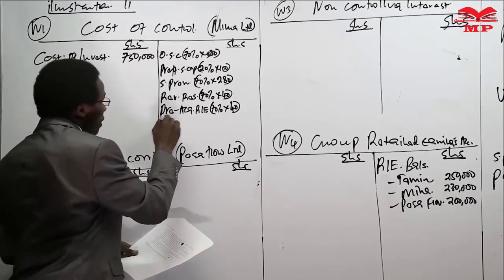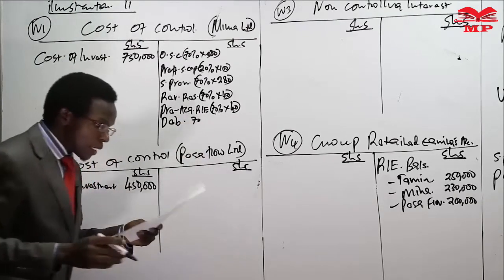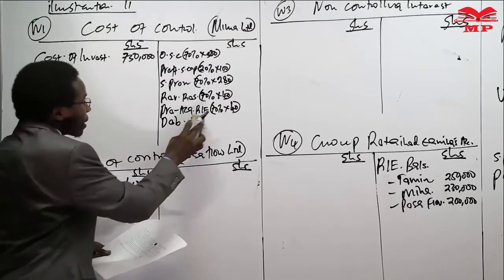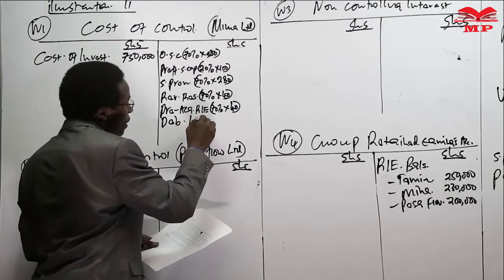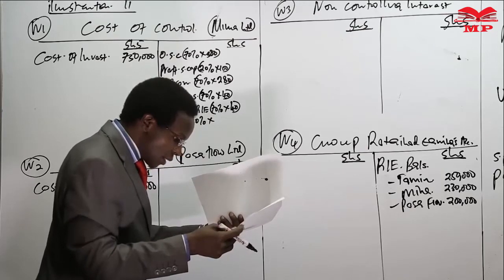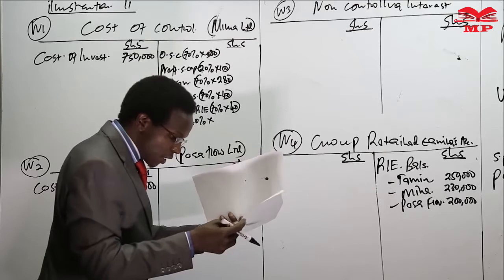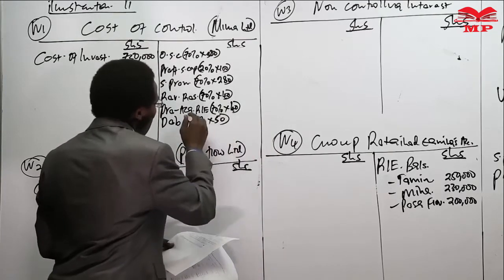In note number 3, we acquired 40%, not 70%. So 40% of the debenture, and that debenture is 10%, and that is 50,000.